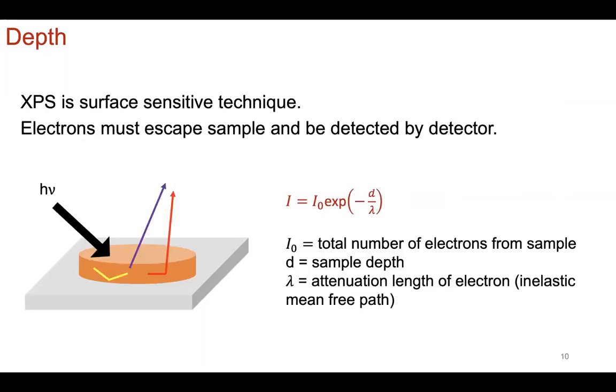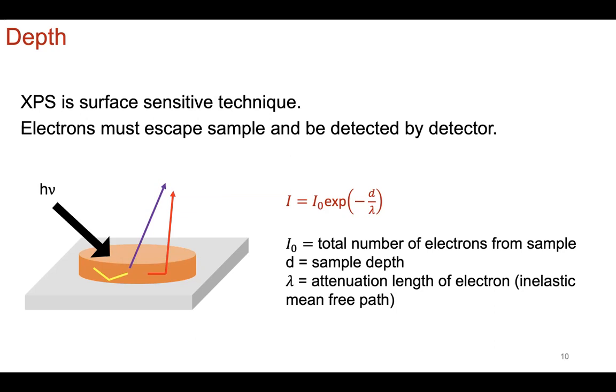Okay. So in terms of operations, one has to take into consideration that this technique is a surface sensitive technique. The depth that you're able to probe in a sample is limited by the X-ray energy and the electron energy. And that has to do with something called the inelastic mean free path.